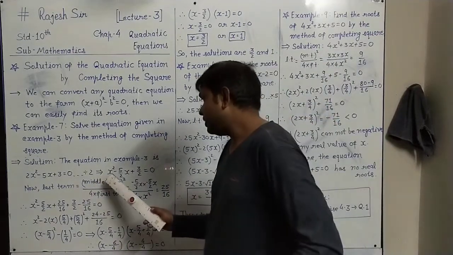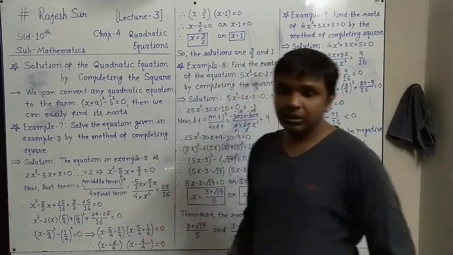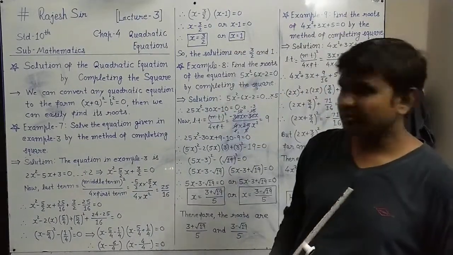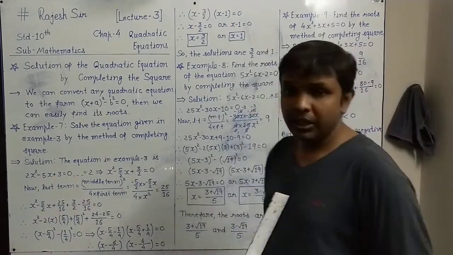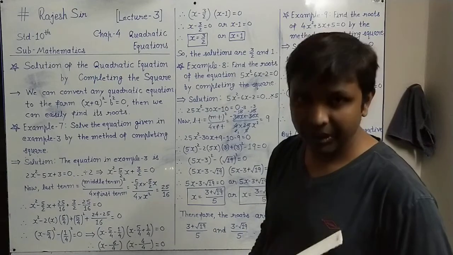Now these are the three terms of the quadratic equation: 1, 2 and 3. In earlier classes we learned the word perfect trinomial.